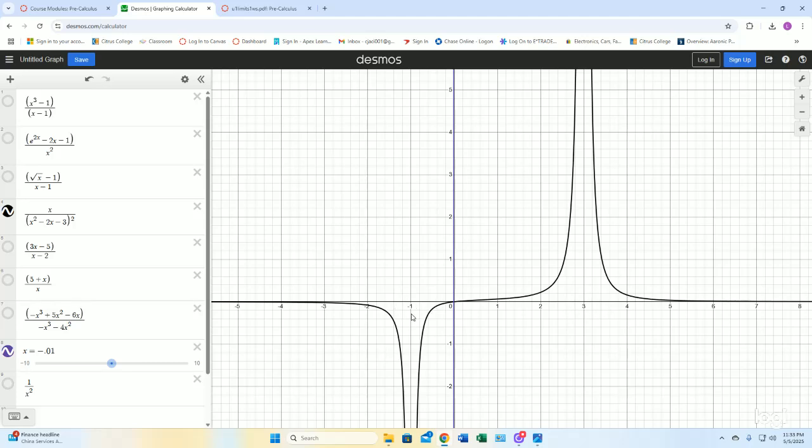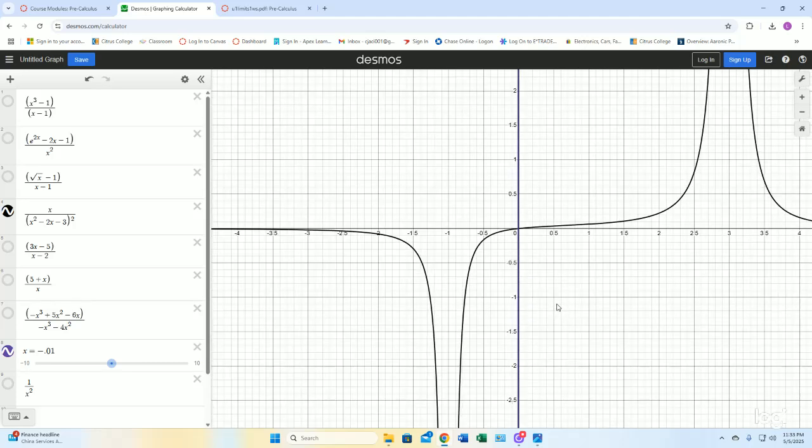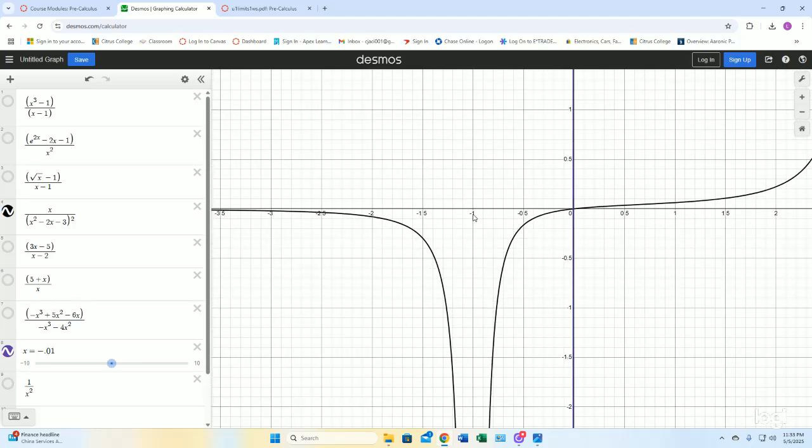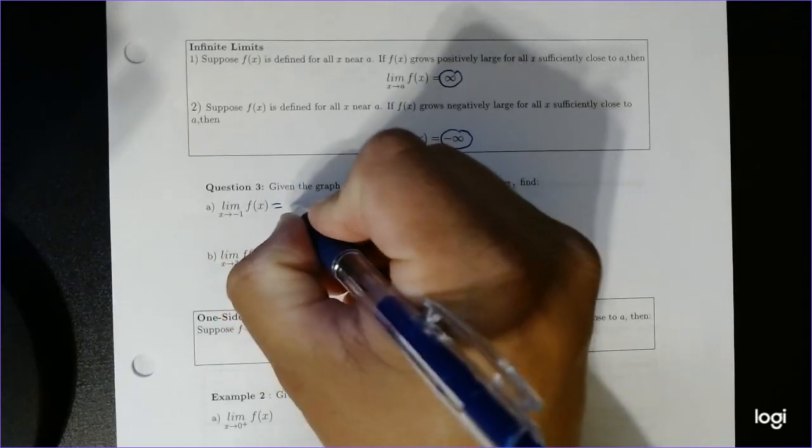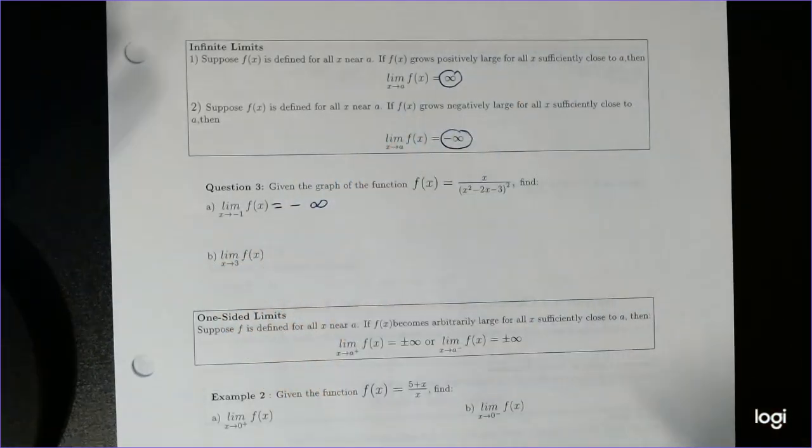Let's look at the individual ones. Here's -1. As I approach it from the left-hand side, it just goes down. So it looks like on the left it's going towards negative infinity. As I approach it from the right-hand side, this way, this is also going towards negative infinity, which means my answer would be negative infinity in both directions.